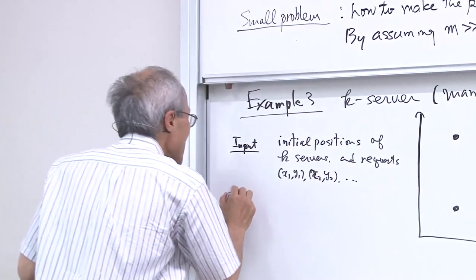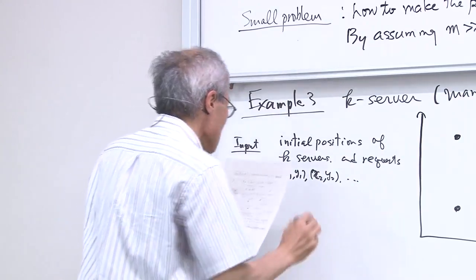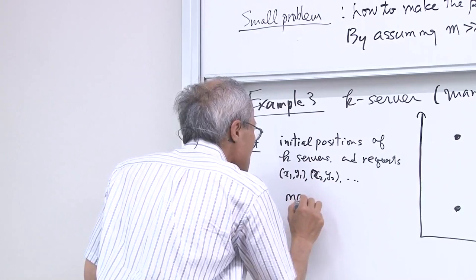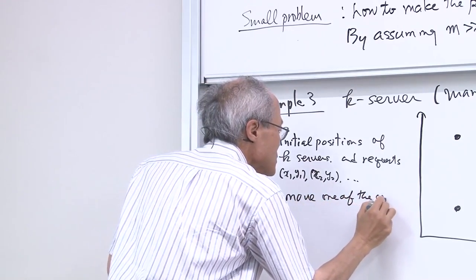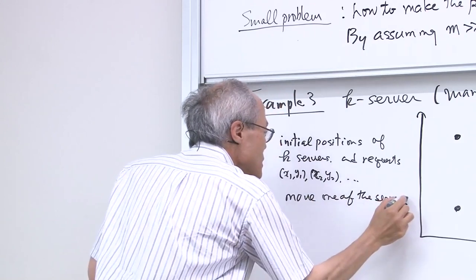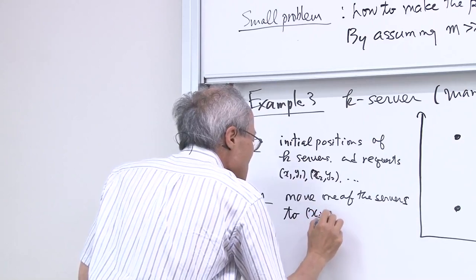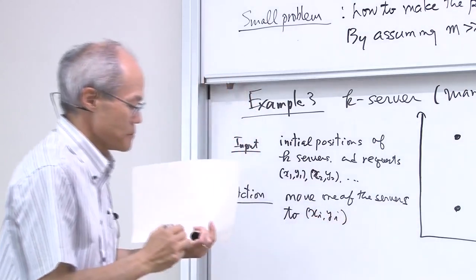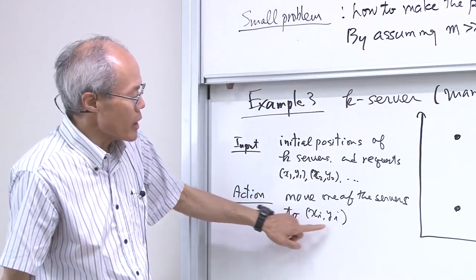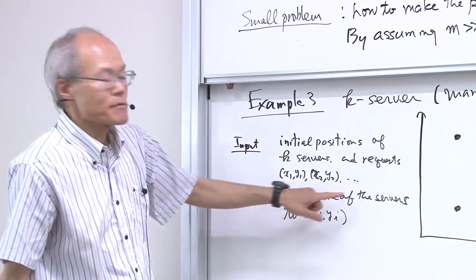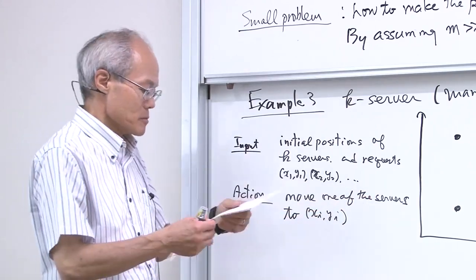Your action is to move: for the ith request xi, yi, you have to move one of the servers to the requested position. That is your action.